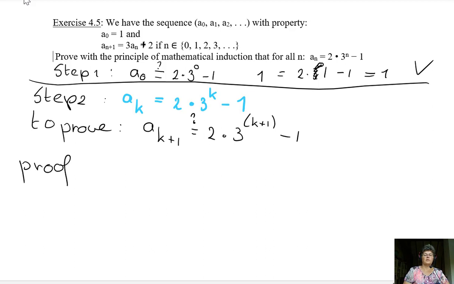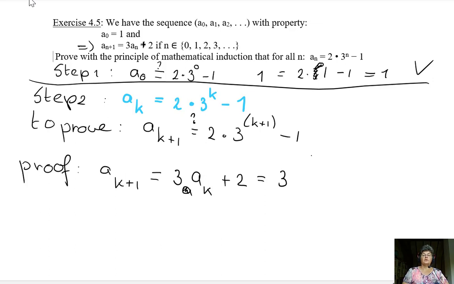Proof. So we start on the left. A(k+1). And what do we know? Yeah, we know something about it with the help of the property. A(k+1) would be 3 times Ak plus 2. Now we can use the assumption.